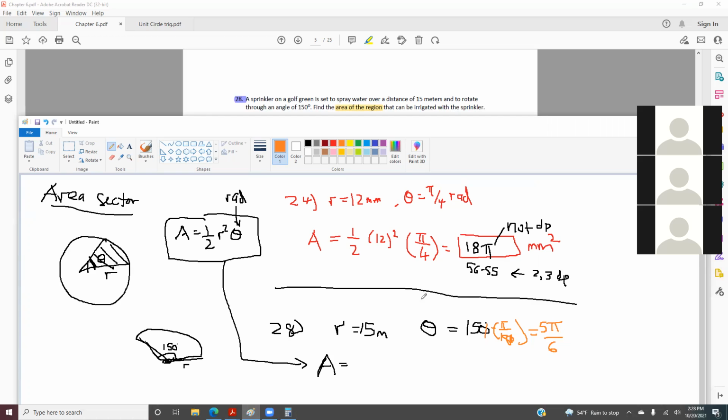Yep. So now what you do is plug this into the formula: 1/2 times radius 15 squared times 5 pi over 6. Make sure you guys do this for me.